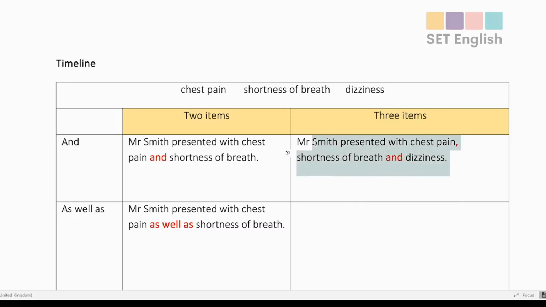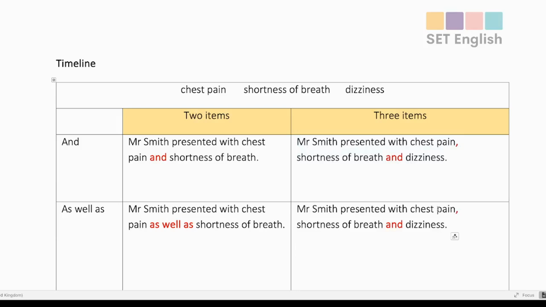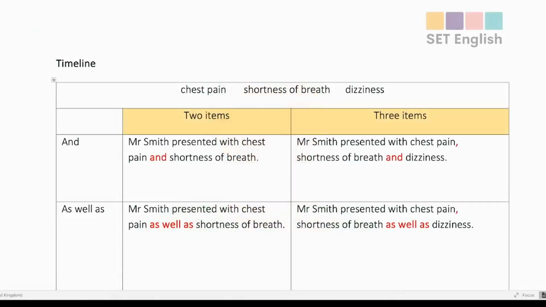But let me show you the mistake that people make. Okay, they do this. Now, unfortunately, I'm sorry, but that's not allowed. We can't do that. Okay, so what do we need to do?